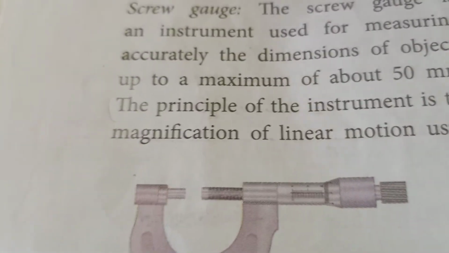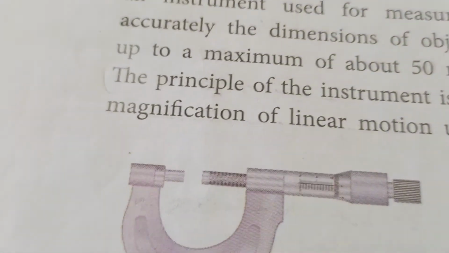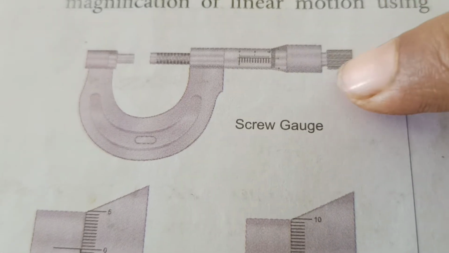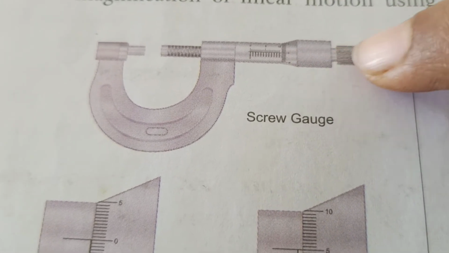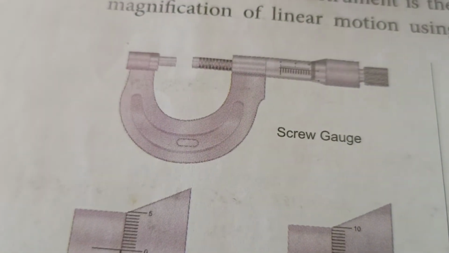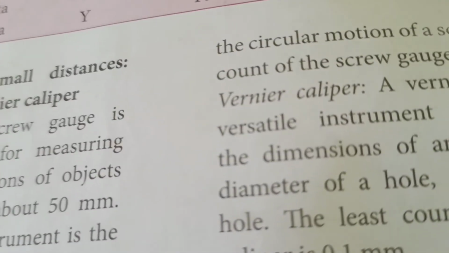The pitch scale is horizontal, and the head scale is rotated by means of the screw. So it is the magnification of linear motion using the circular motion of a screw.